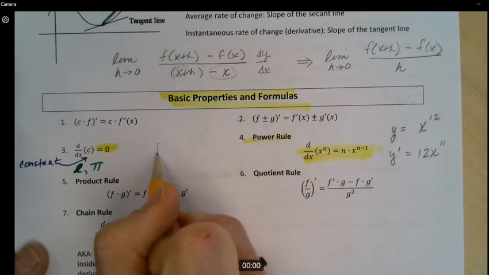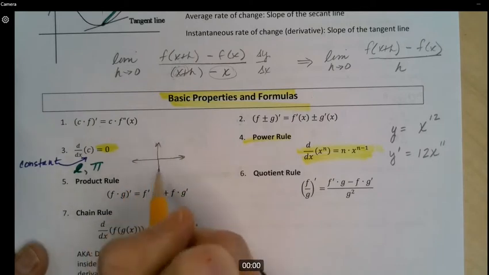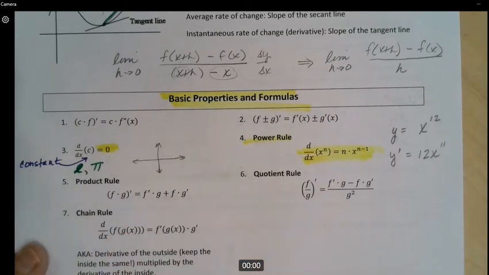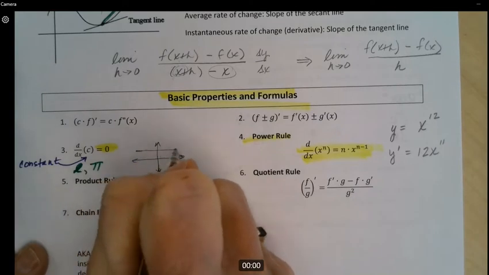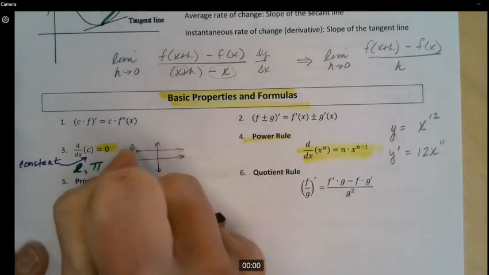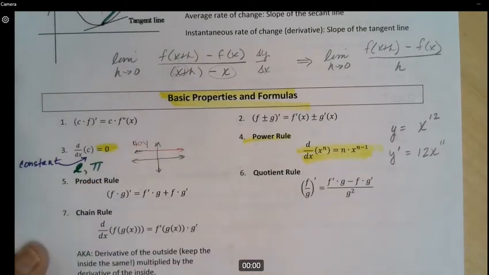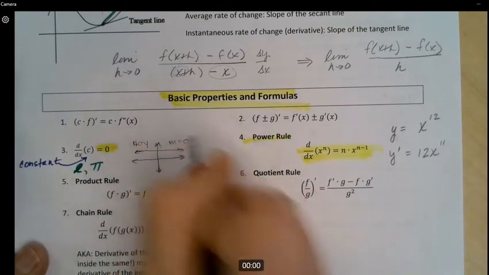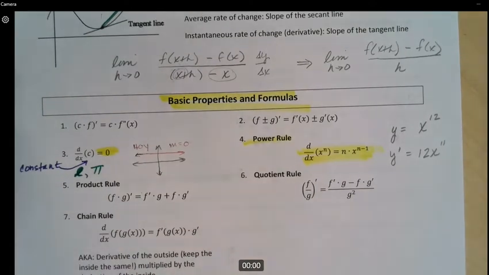And give yourself a little sketch, because anytime I have a constant, you know that line is a horizontal line. And we talked about a horizontal line having a slope of 0 and a y only. So of course my slope is equal to 0. If I'm looking for the slope of a tangent line of a constant, that slope is 0. That's why the derivative of a constant is equal to 0.